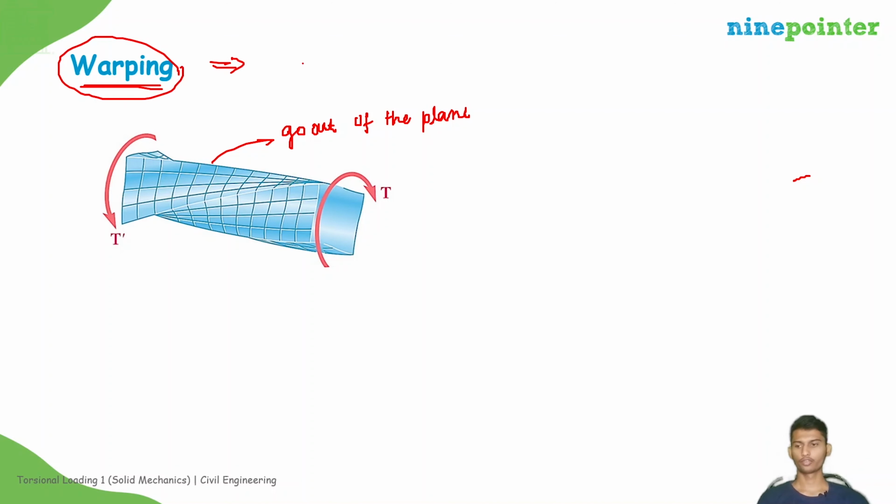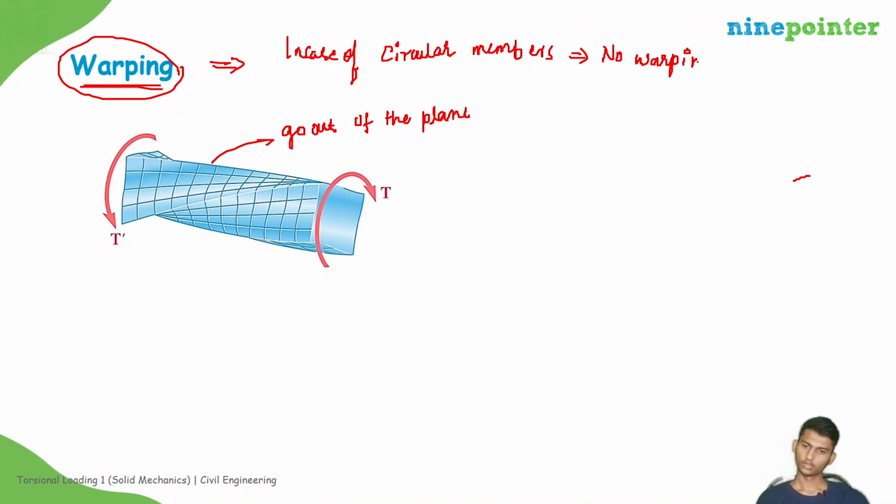In circular members, as they are symmetric, there will be no warping. So we only deal with circular members in this chapter.